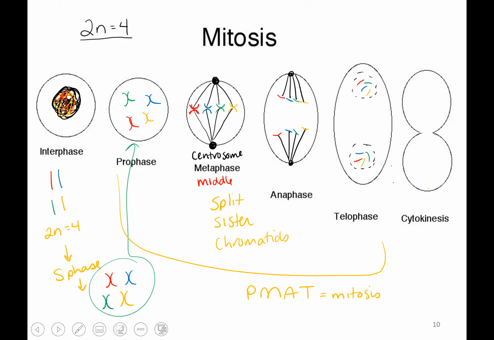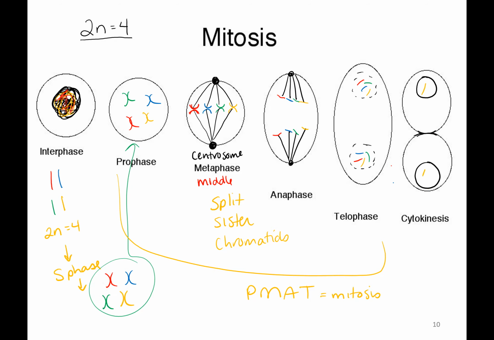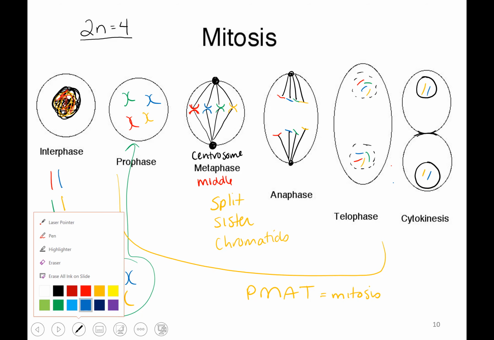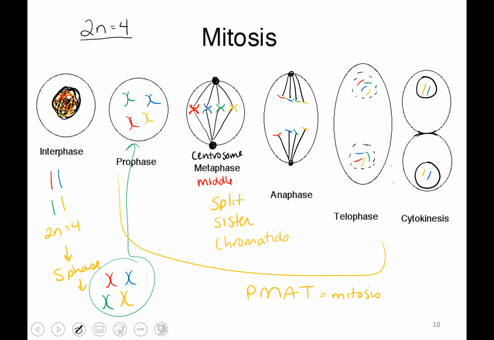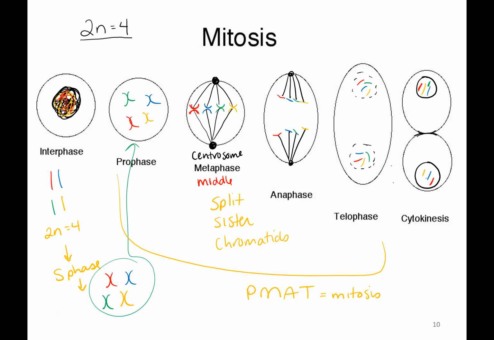Cytokinesis completes the cell cycle. So now we're going to have our nuclei formed. We're going to actually split these cells, and they each have one of each chromosome, just like the original cell.